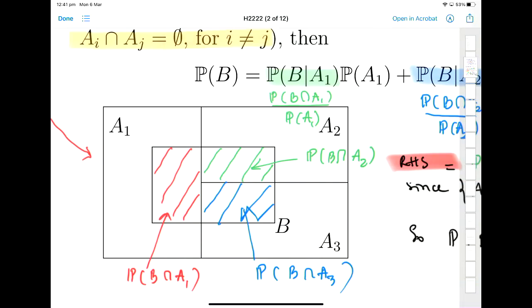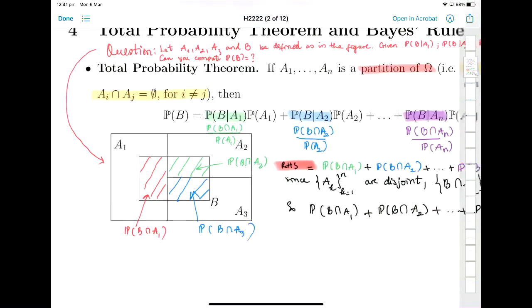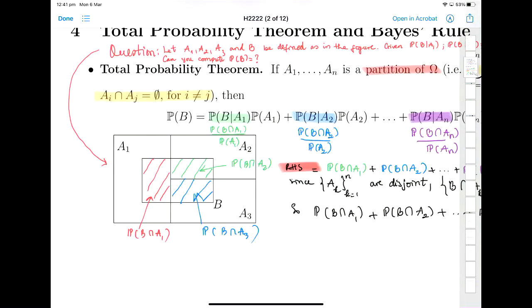Okay, so this equality has a name. It's called the total probability theorem.